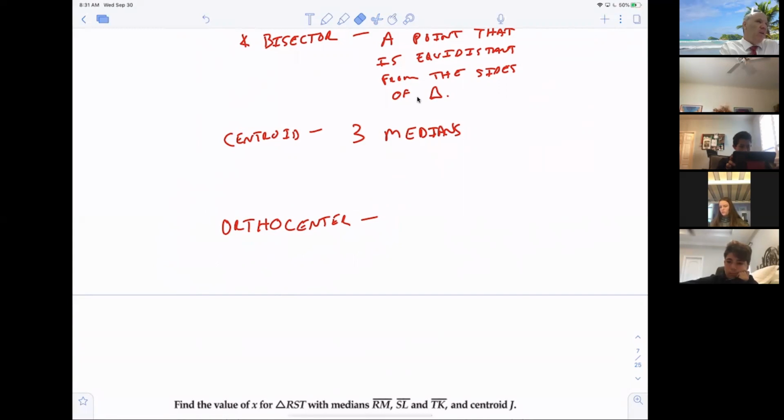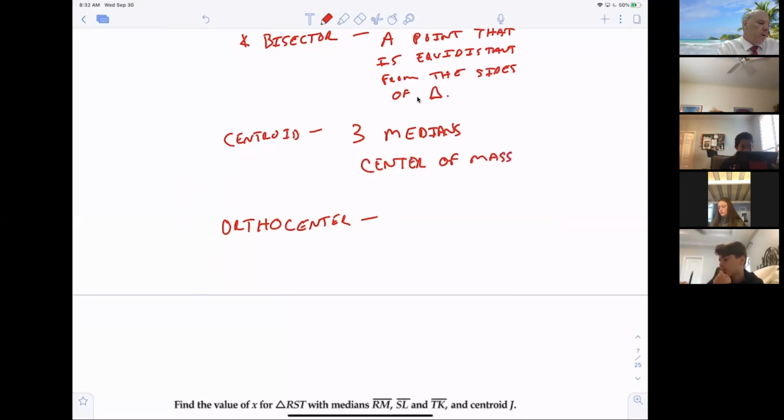It divides the triangle into 6 triangles with equal areas. But the other part of it was, yay, center of mass. So if you wanted to balance something that's triangular in shape, you could find the centroid, and then you could put that on a stand through that point, and it would balance itself perfectly. So the centroid is the center of mass, and divides the triangle into 6 equal areas.